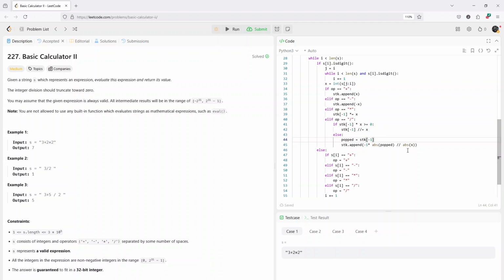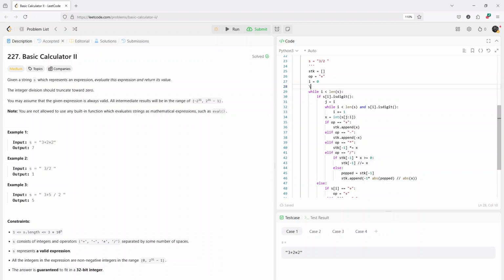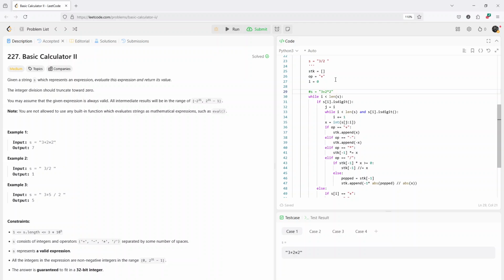Let's make sure there's no simple errors like missing a semicolon or anything. Yep, this all looks good. So now we can walk through the code. Let's go through this one here. So we got the 3, i is 0, i is a digit, j is 0, i plus equals 1.